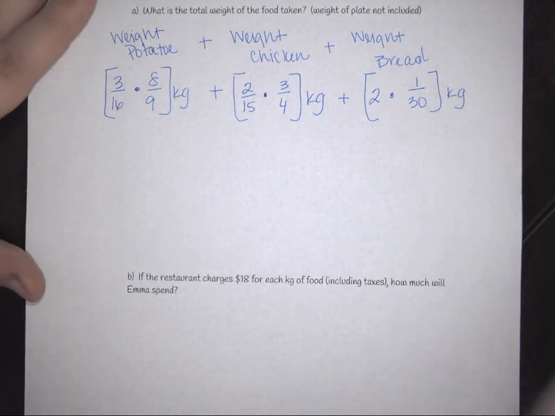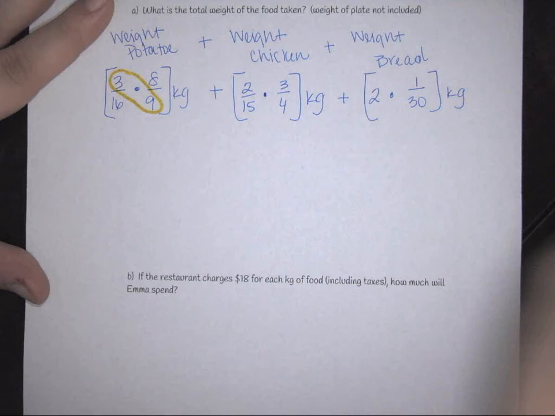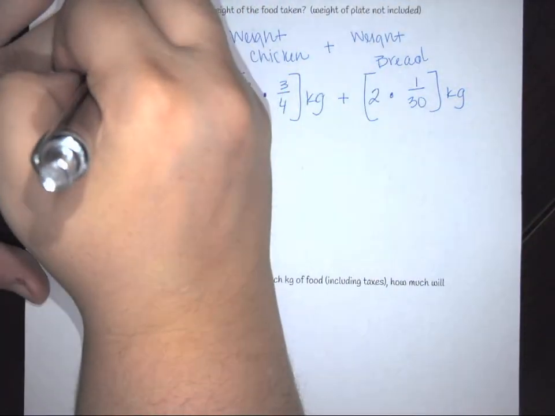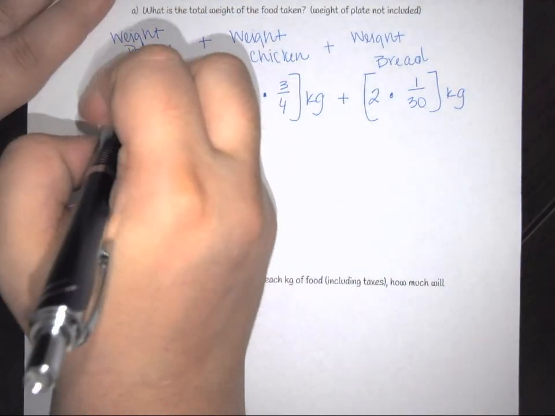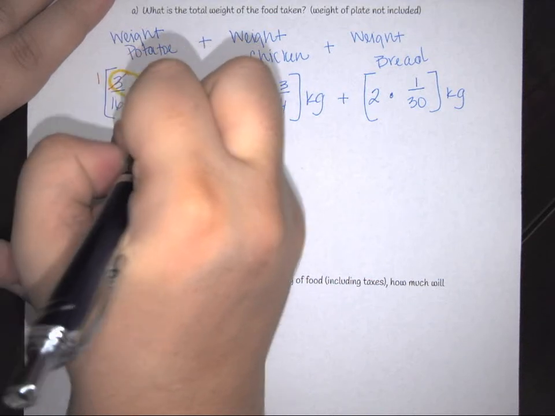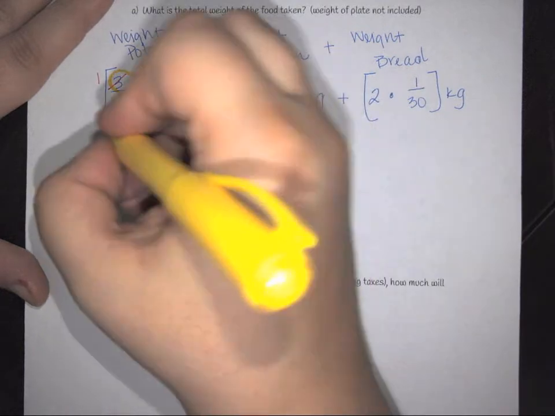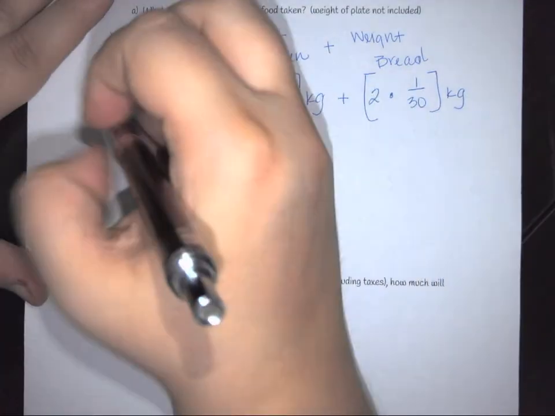Now with each of these I have parentheses, which means in each of these I have to solve them. First and foremost, if I pay attention to my first one, notice that I have 3 and 9. So 3 and 9 are going to reduce. This becomes a 1, this becomes a 3. Thus, making my problem 1/16 times 8/3. The second thing I have going for me is that 8/16 is going to reduce.